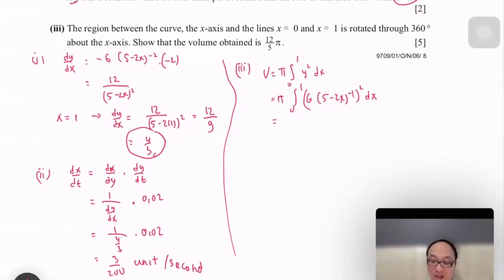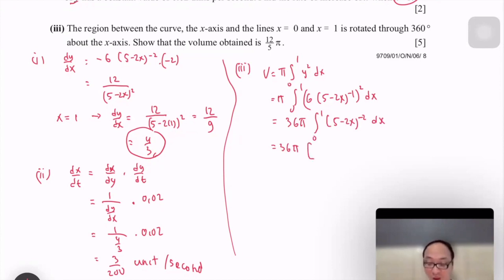Again, I can take out the 6 squared, so it becomes 36 pi integral 0 to 1 of (5 minus 2x) to the power of negative 2 dx.